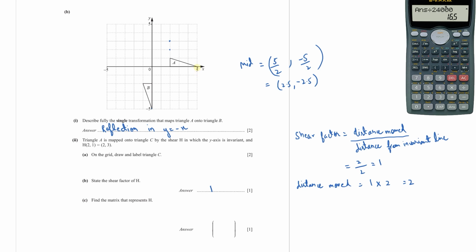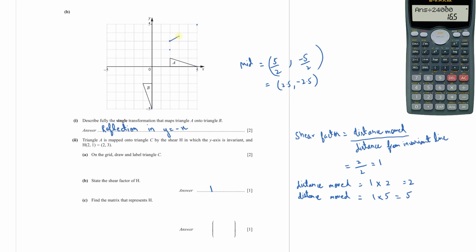Let's find out the third one, which is this. Where will this move? Again, distance moved will be shear factor multiplied by the distance from the invariant line. This point is 1, 2, 3, 4, 5. The distance is 5, so this will move 5 points: 1, 2, 3, 4, 5. So this will end up here. So your triangle will look like this.